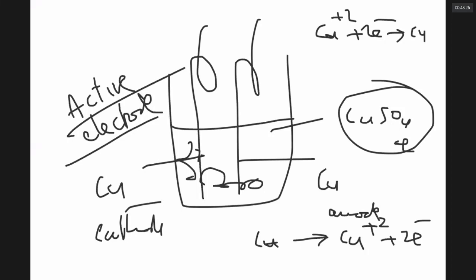An ox, red cat. Oxidation means copper, in this case, loses electrons and gets deposited at cathode. Okay, sir? So, if you take 1 kg anode, at the end of the experiment, the weight of anode will decrease. At the end of the experiment, the weight of cathode will increase.